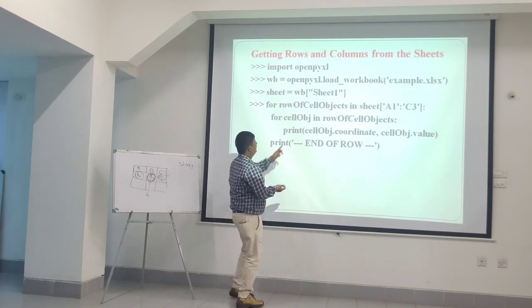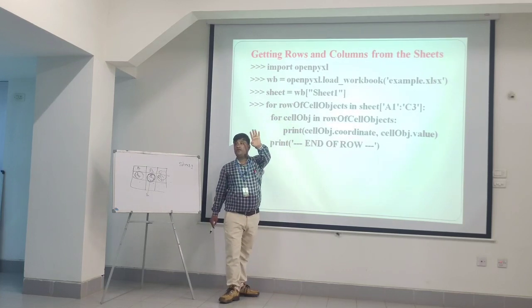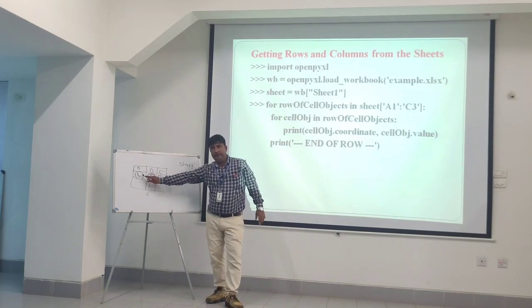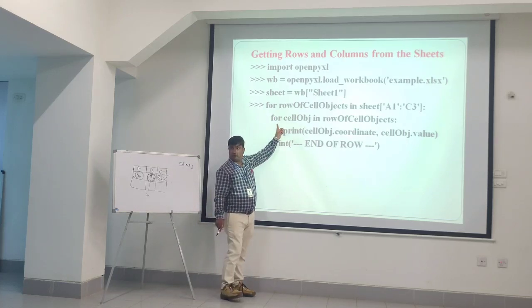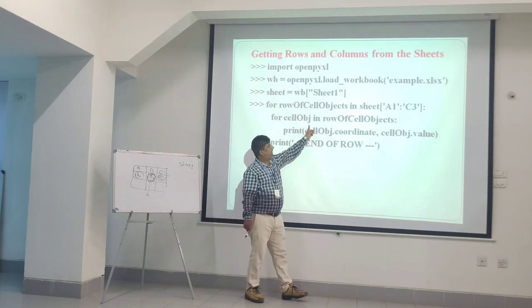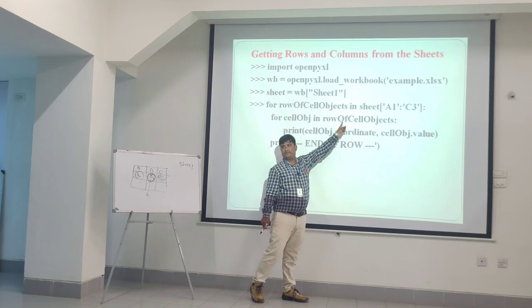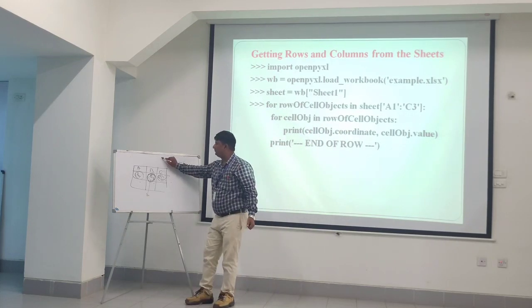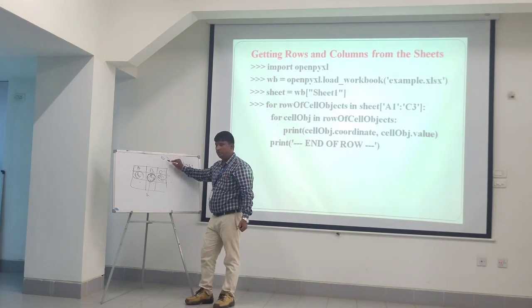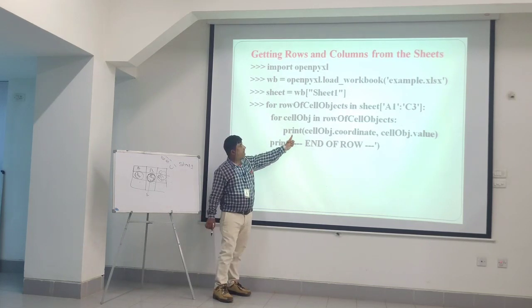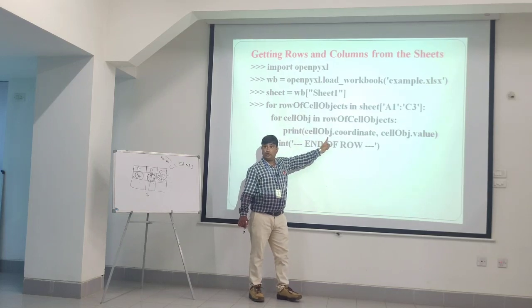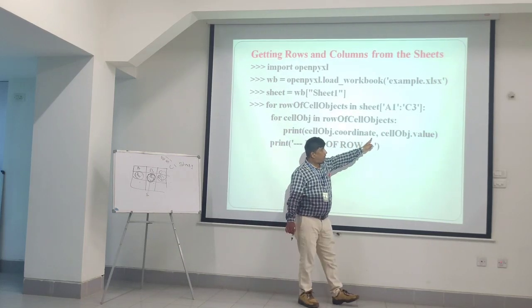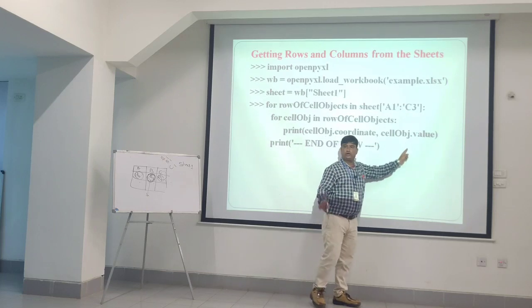So the first time the row of cell objects will be A1 B1 C1. Next, for cell object in row of cell objects. First time A1 value will be held. Now note cell object dot coordinate, comma, cell object dot value.